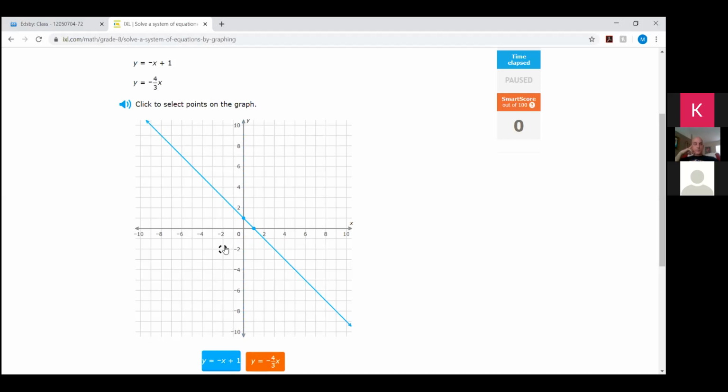Now this one, do you have anything being added or subtracted to the x? No. So technically what's being added is nothing, 0. So your y-intercept would be at 0. Then I would go down 4, right 3.